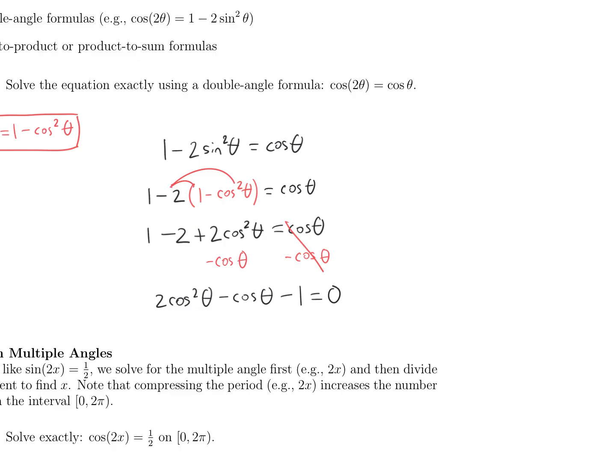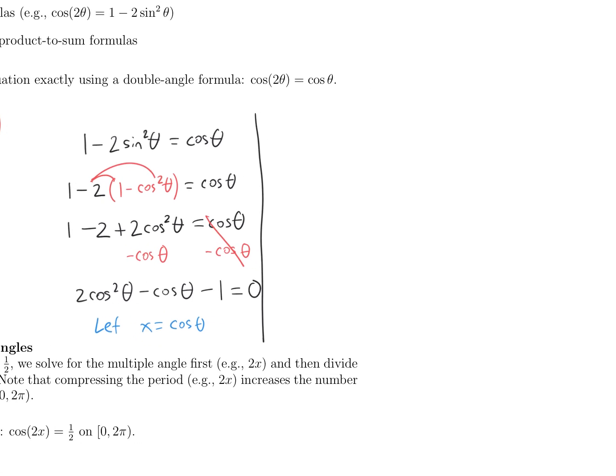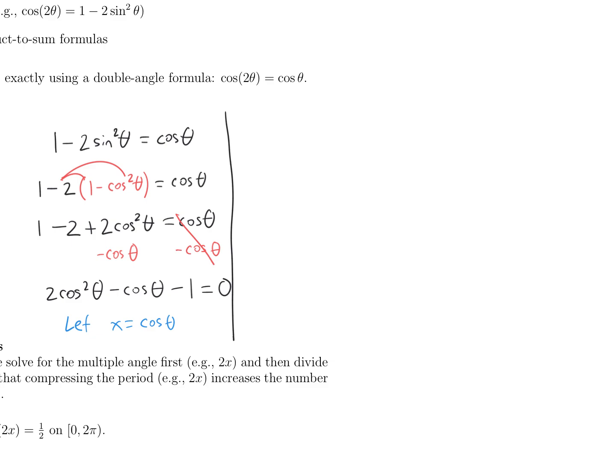Notice that I'm writing the square term first, followed by the non-square term, followed by the constant. That's the standard form. Okay, now we're going to go ahead and rewrite this in terms of x. So we'll do our substitution. Let x equal the trig function, as we've been doing. Let's rewrite the equation as an algebraic equation, so it becomes 2x squared minus x minus 1 equals 0.